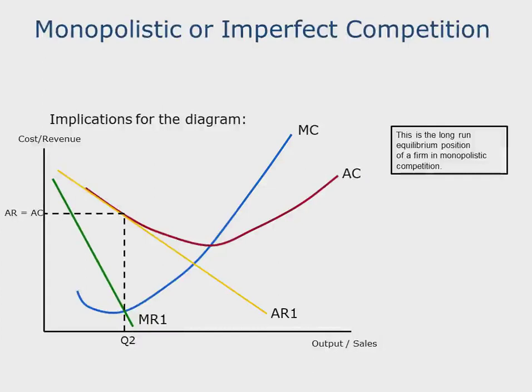So for firms that were making profits, new firms were attracted into the market, and they drove the profit away. And if the firms were making losses, we would have seen the demand curve shifting up, as well as the marginal revenue following suit, and then the losses will be eliminated.